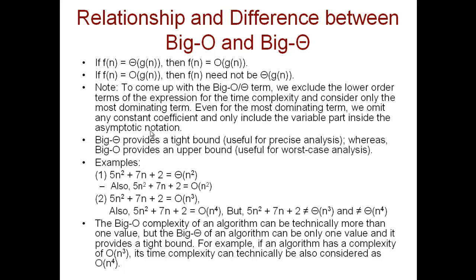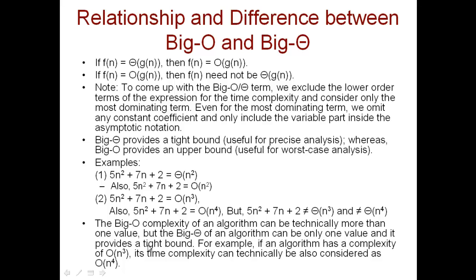So for example, if I say 5n square plus 7n plus 2 is big O of n cube, that is right because it satisfies the definition of big O. The degree of the function f of n, which is 2, is less than the degree of the function g of n, which is inside the big O notation. So as long as the degree of the function f of n on the left hand side is less than or equal to the degree of the function inside the big O notation, we can use the big O notation. So it's an upper bound.